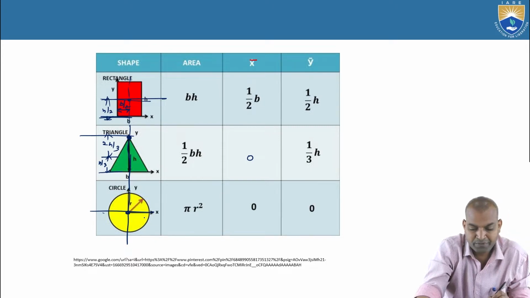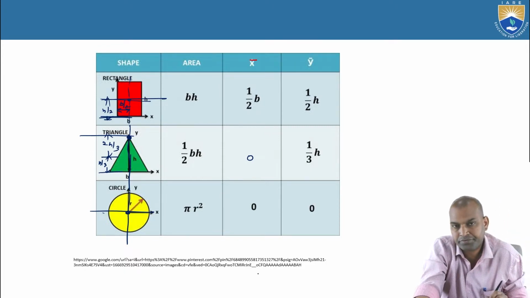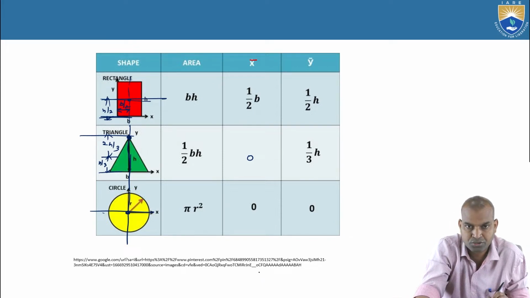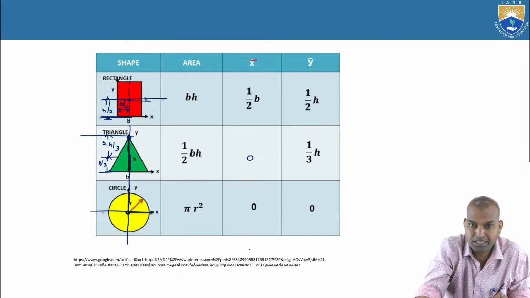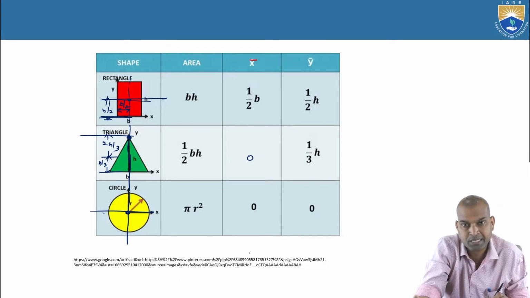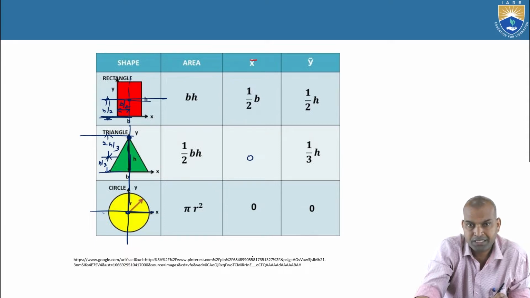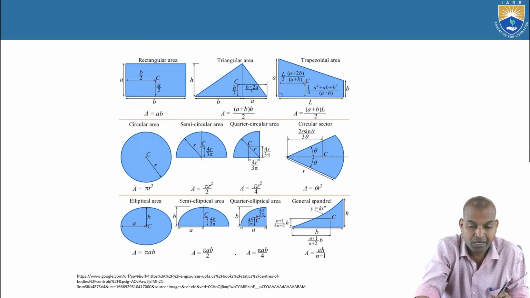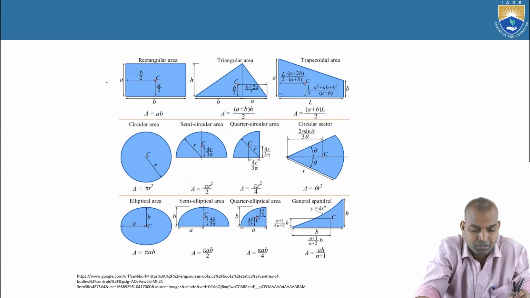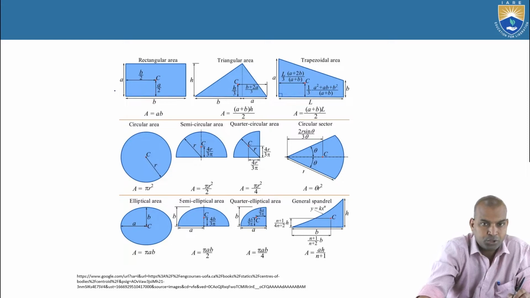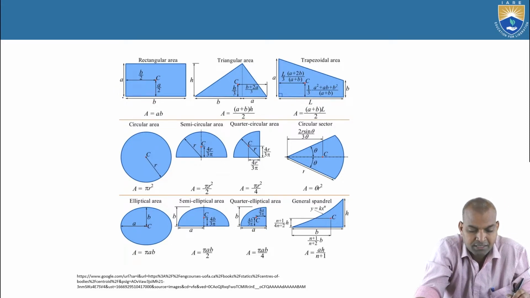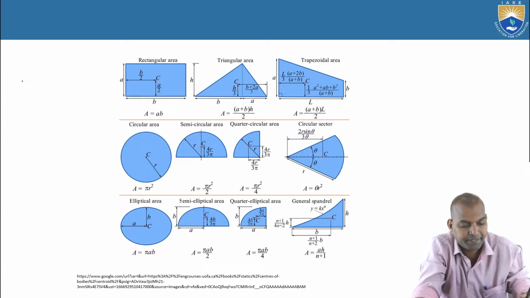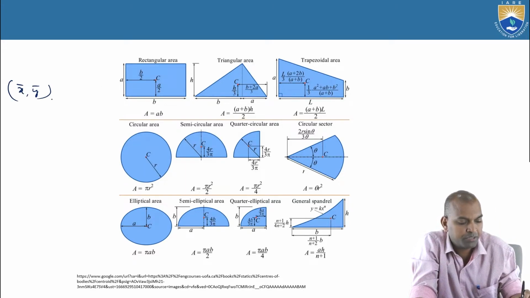So these are the simple plane figures. In the previous session, we studied what are symmetrical axes, and symmetrical and unsymmetrical sections, such as symmetry about axis y and axis x. Here we can see some more plane figures, with the centroid indicated by the coordinates x bar and y bar.